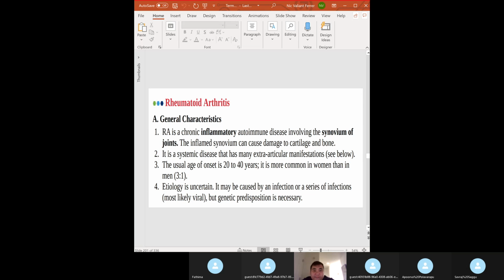So it's not RA. What is RA? It's a chronic inflammatory disease involving the synovium of the joint. So much of the joint damage ultimately leads to disability. It occurs early in the disease, so early treatment with your DMARDs is very critical.